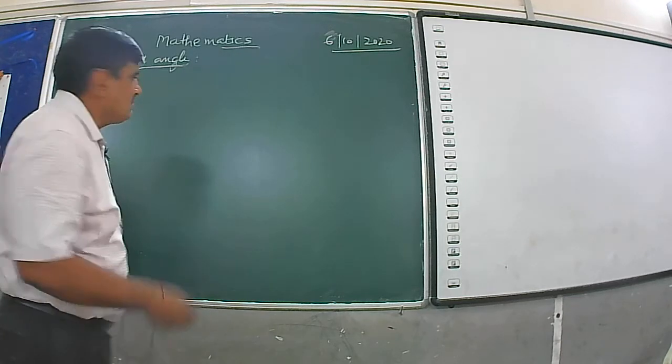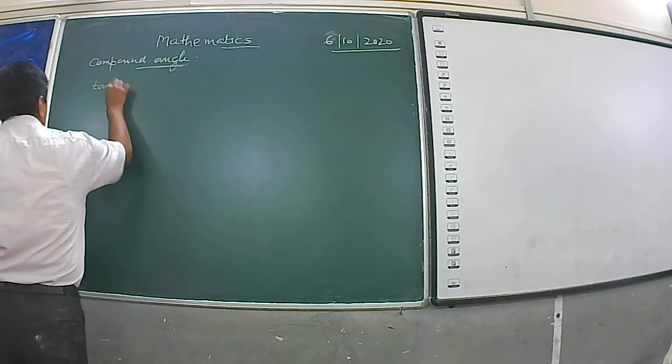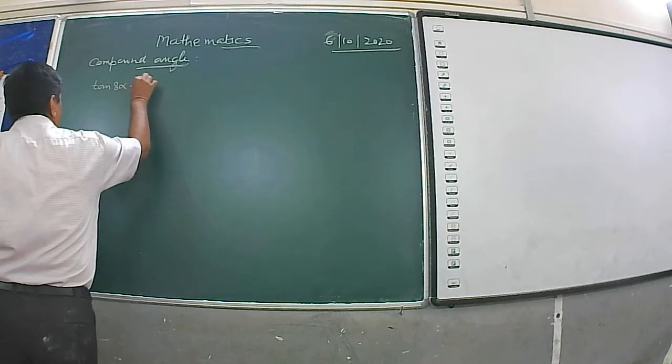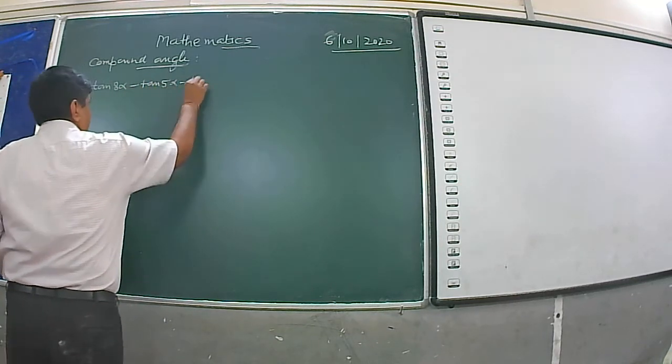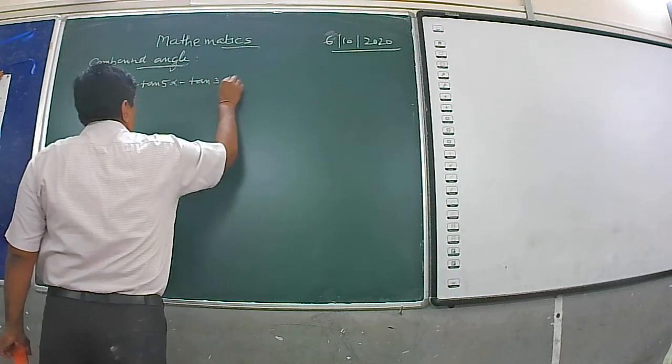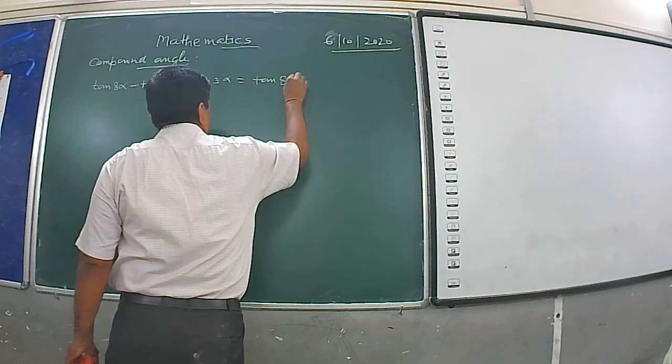One type of question: A, tan 8 alpha minus tan 5 alpha minus tan 3 alpha is equal to tan 8 alpha tan 5 alpha tan 3 alpha.